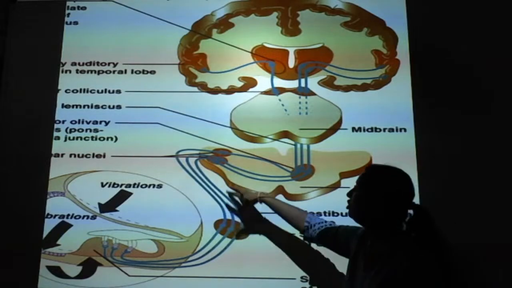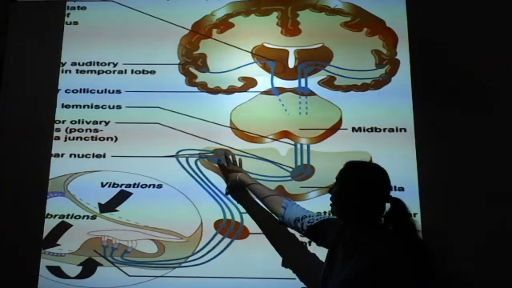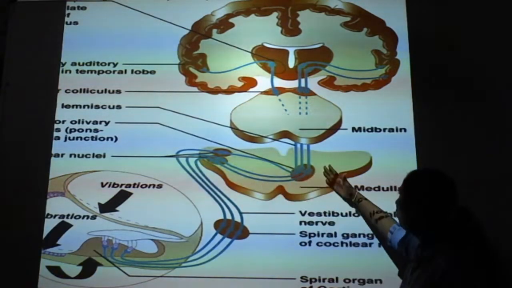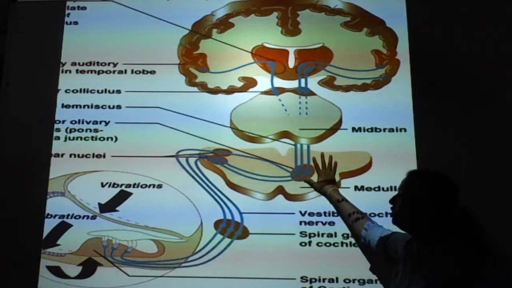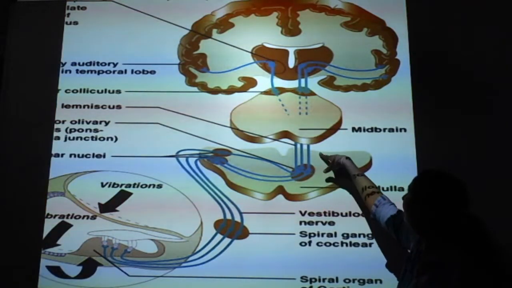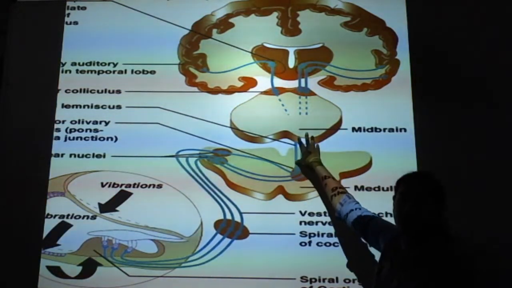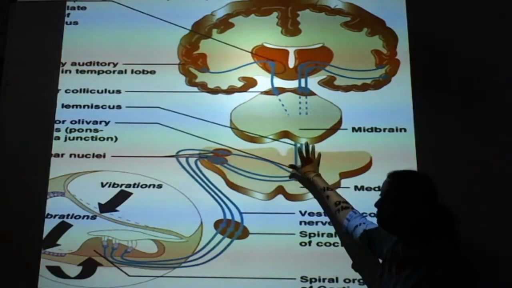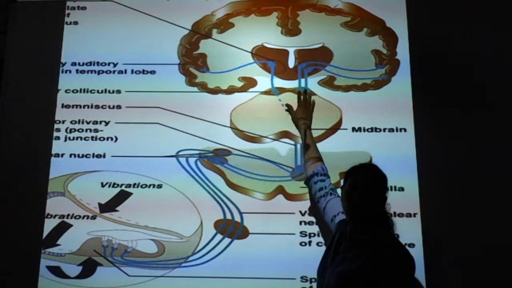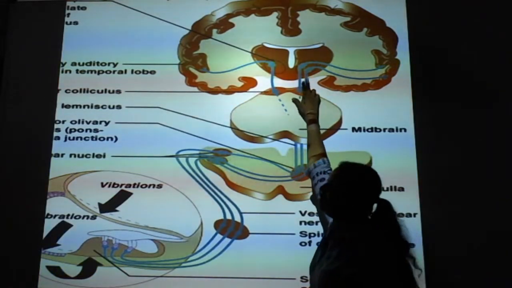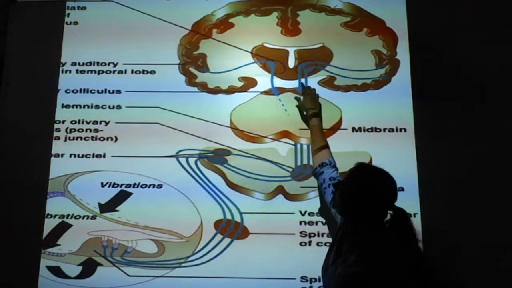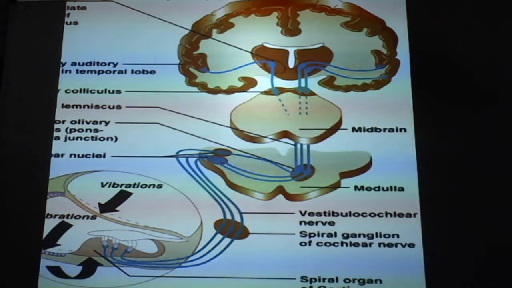It is carried on to the dorsal and ventral cochlear nuclei present in the lower part of the medulla, and then it crosses over into the superior olivary nucleus, at the junction of pons and medulla. Then it goes as the lateral lemniscus to the nucleus of the lateral lemniscus, and further to the inferior colliculi, and later to the medial geniculate body.